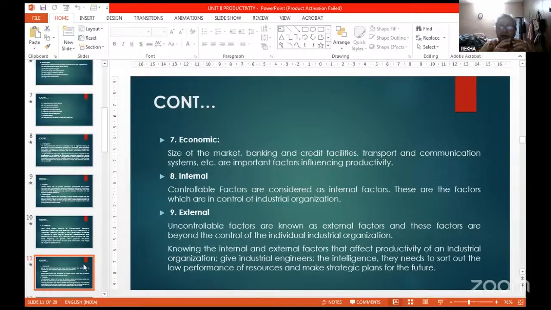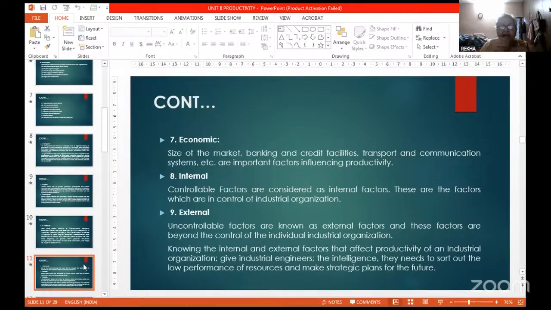Uncontrollable factors are known as external factors, and these factors are beyond the control of an individual industrial organization. They can affect the productivity of an industrial organization. They give industrial engineers the intelligence they need to sort out the low performance of resources and make strategic plans for the future.